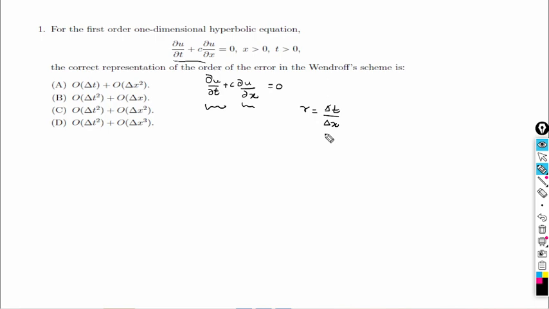Now u at xi comma tj plus 1 can be written as u at xi comma tj plus del t into del u over del t plus dot dot dot.